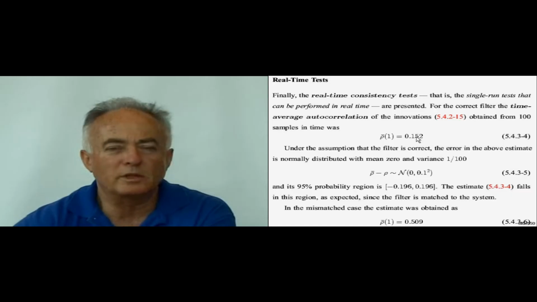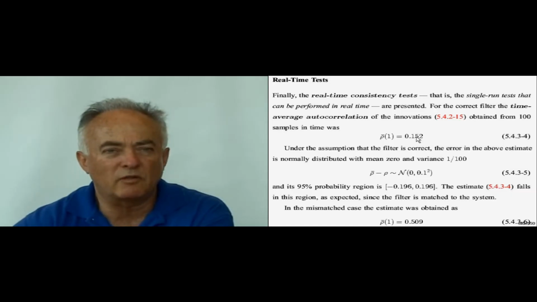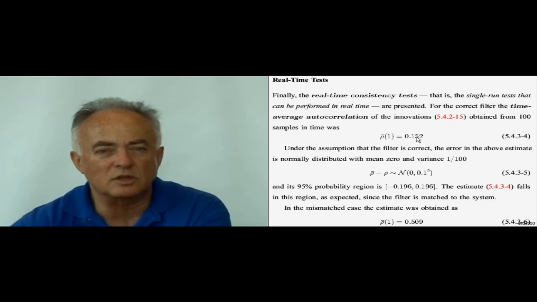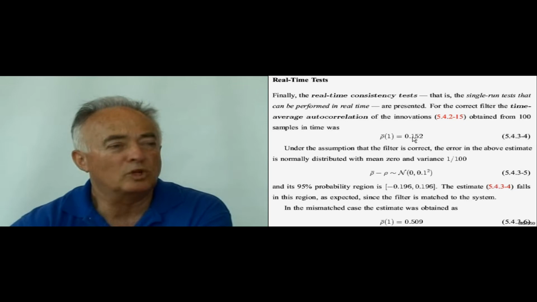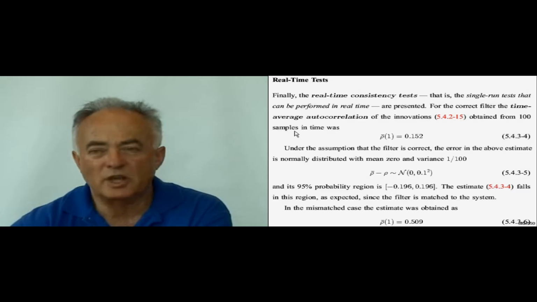Therefore, we obtained an estimate of 0.15. Is it 0? Obviously, it is not 0. Is 0 acceptable in view of the fact that we get 0.15? The answer is yes, because any number between plus and minus 0.2 is what we'll see 95% of the time from our 100 samples.